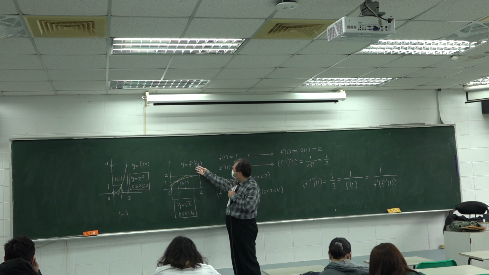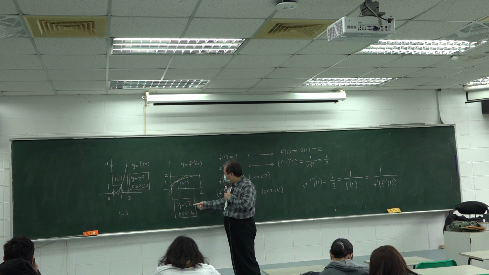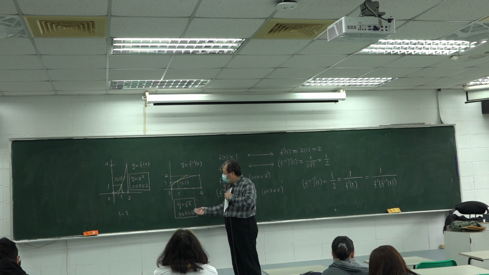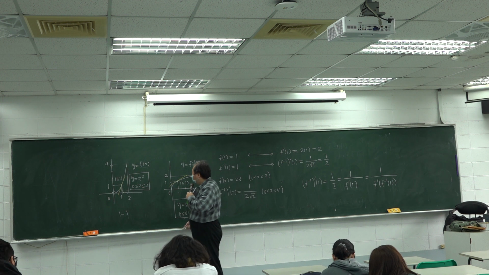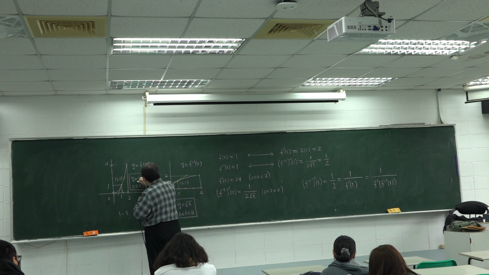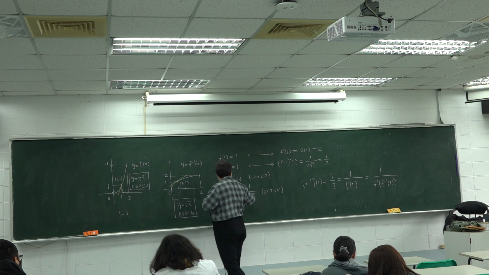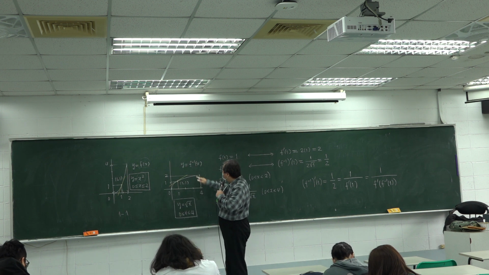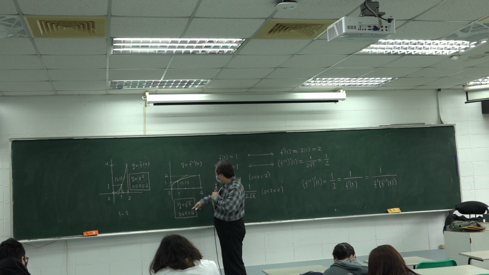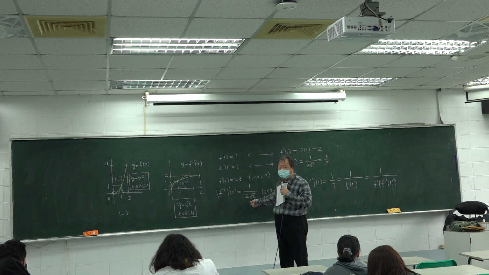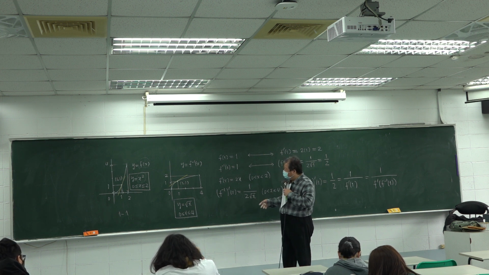So the inverse of f will be the square root of x, with x between 0 and 4 inclusively. Therefore, f prime of x is 2x. F inverse prime means the derivative of the square root function, is this one.